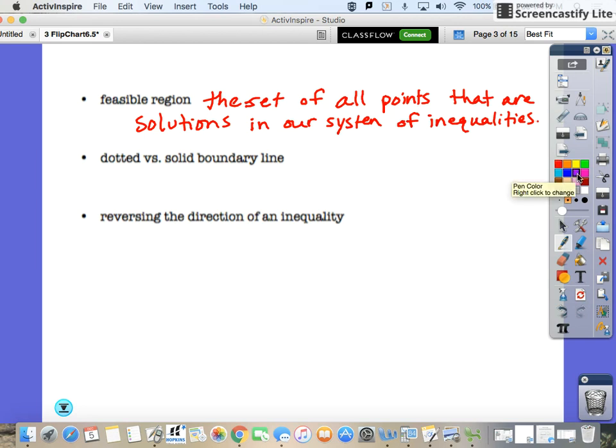So then there's dotted versus solid boundary lines. You're gonna have a dotted line if you have the less than or the greater than symbol. That means that you don't include the points on the line.